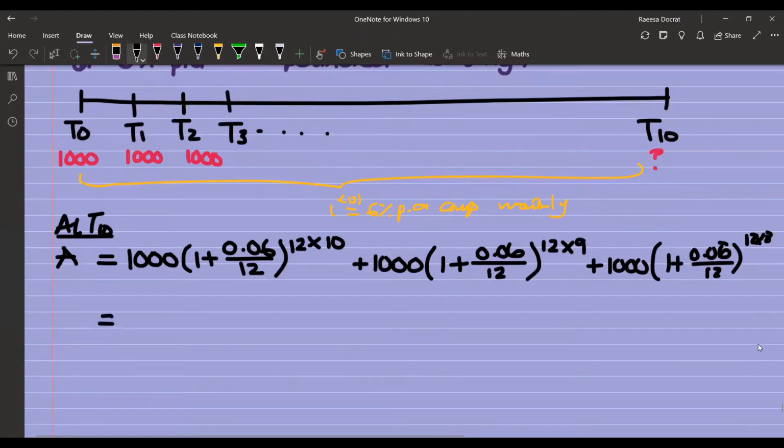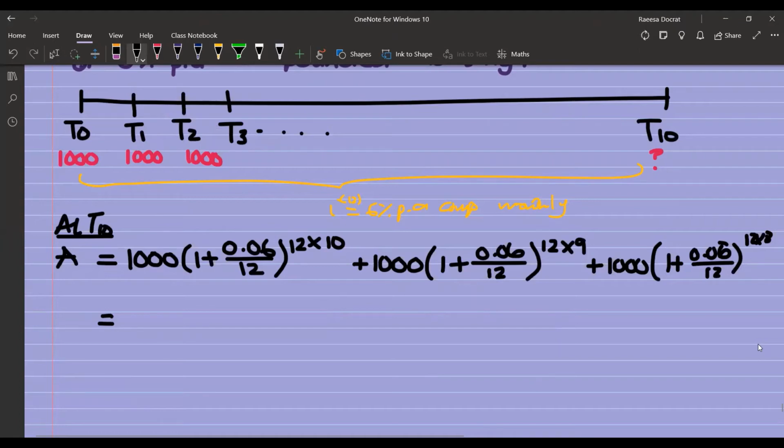So then you can type this into the calculator as is. So it's 1,000 Rand times 1 plus 0.06 over 12 to the power of 10 times 12.